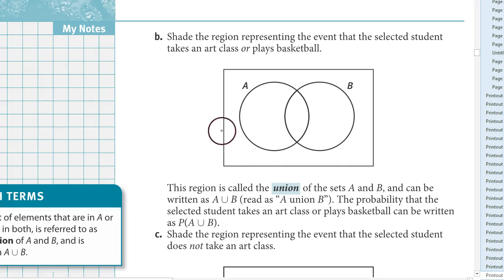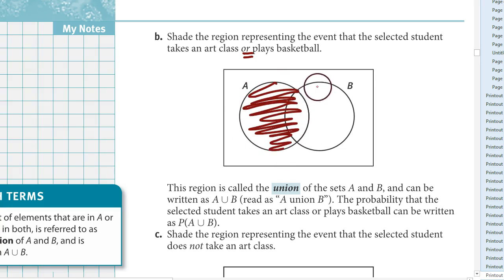Now take a look at the next page, question B. Show the region that represents a student who takes art class or plays basketball. This time it would be everything in this circle along with everything in circle B, and certainly the overlapping areas included. Using the word or to combine criteria expands the number of choices that fits the event.